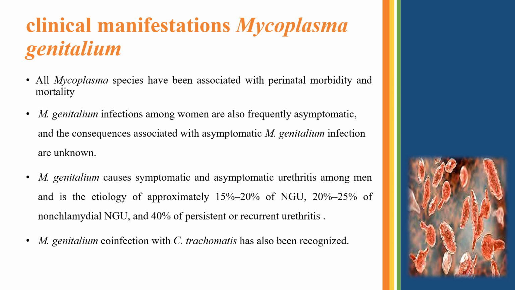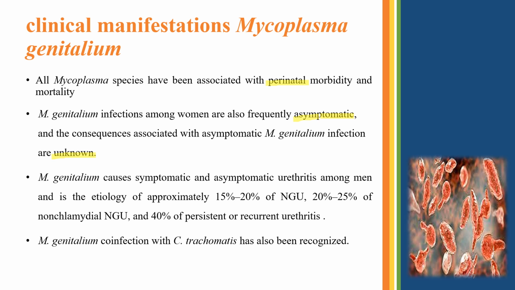All Mycoplasma species have been associated with perinatal morbidity and mortality. M. genitalium infection among women is also frequently asymptomatic, and the consequences associated with asymptomatic M. genitalium infection are unknown.